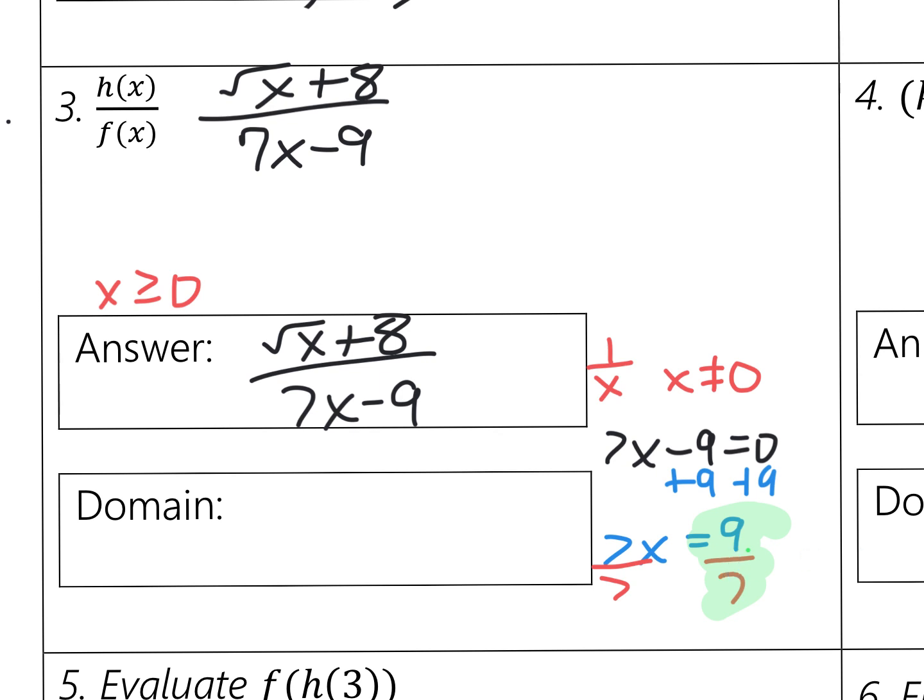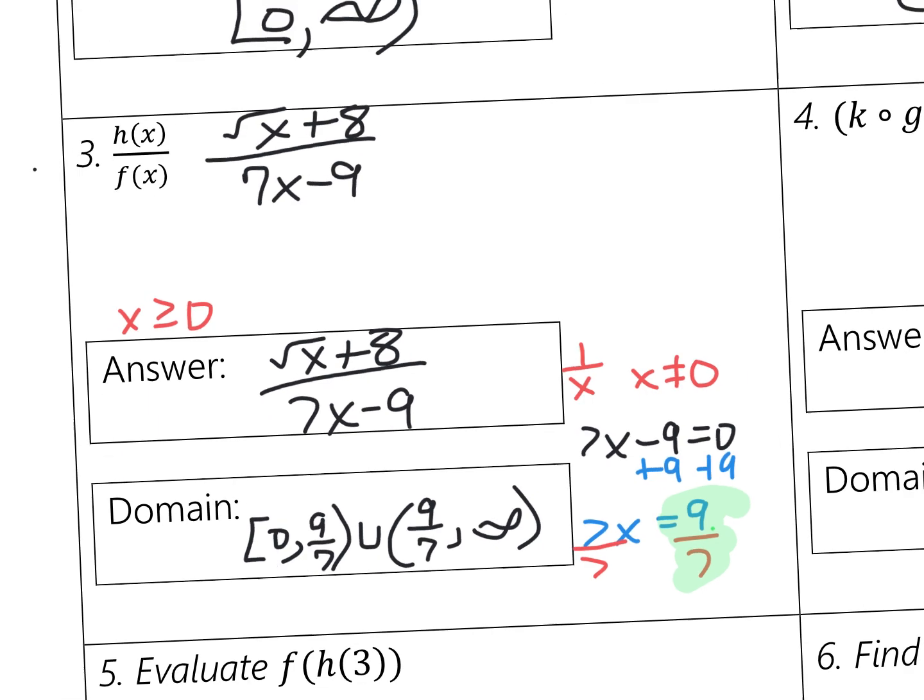All right, so when we look at our actual domain restriction, we can use 0, so we would use the bracket from 0, and then we go up to 9/7, but that would not be included. But then we would have our union, and we would have 9/7 to infinity. And that would be your domain for this one specifically.